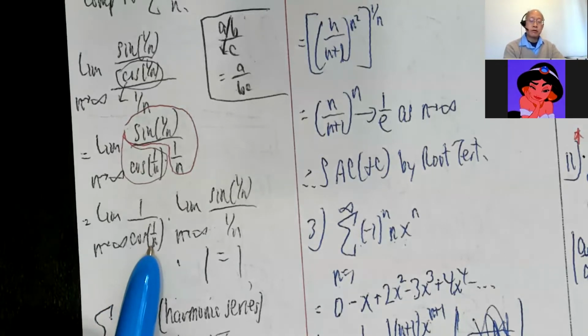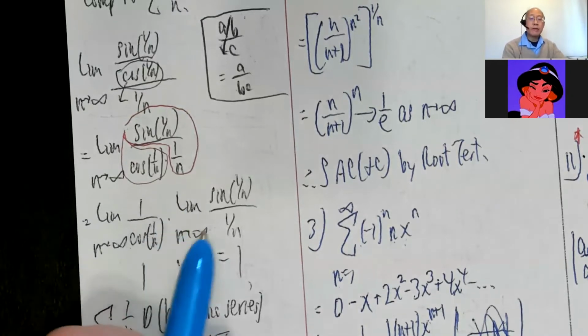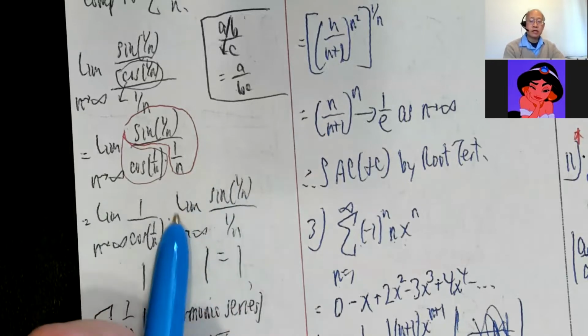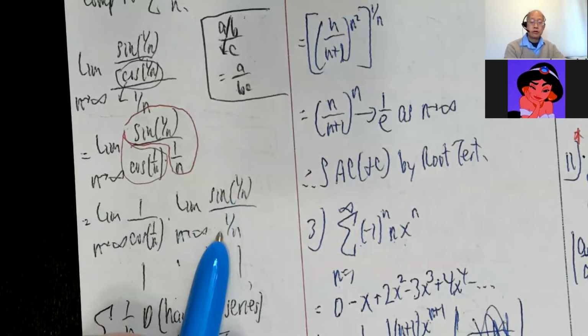Plug in a super big number. 1 over a super big number is practically 0. Cosine of 0 is 1. Okay. And if you look back at a previous section, we saw that this was also 1. Okay. You can do L'Hopital's rule for that. So it's 1 times 1, which is 1.